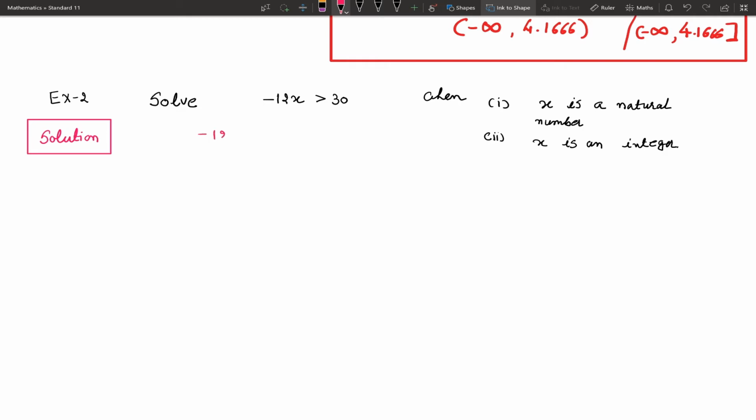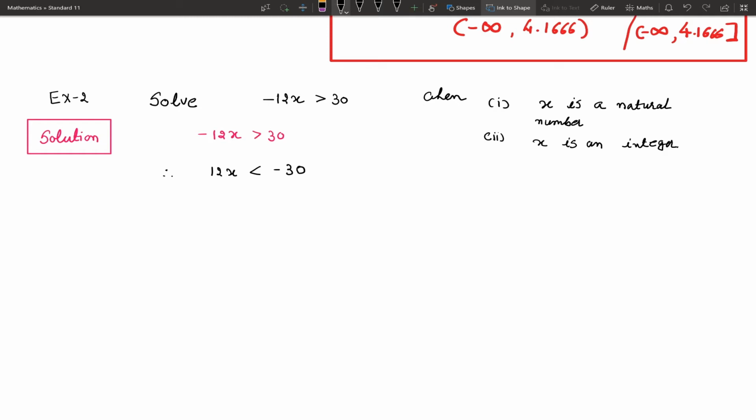We have given minus 12x greater than 30. As we know, if we multiply by a negative number, the inequality will change. So first we multiply by a negative number, so 12x less than minus 30. You can observe that when we multiply by a negative number, the inequality is changed.